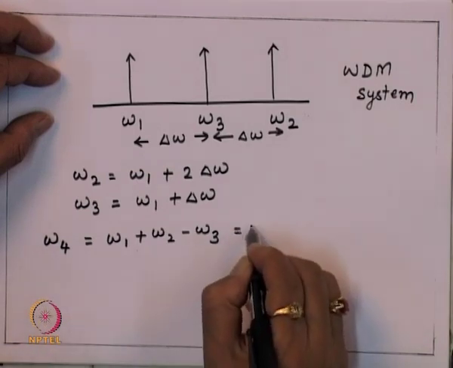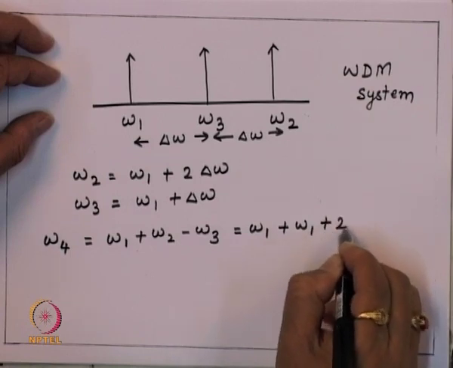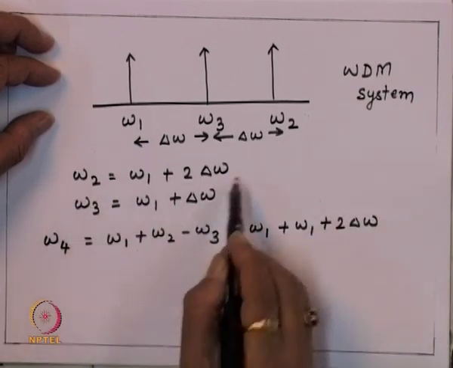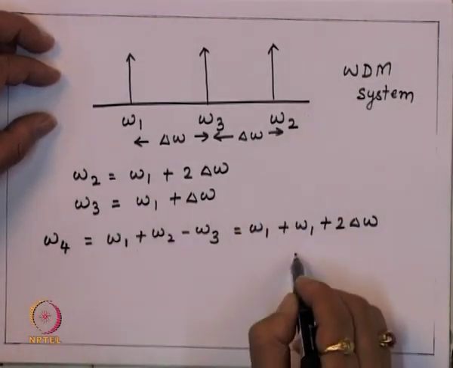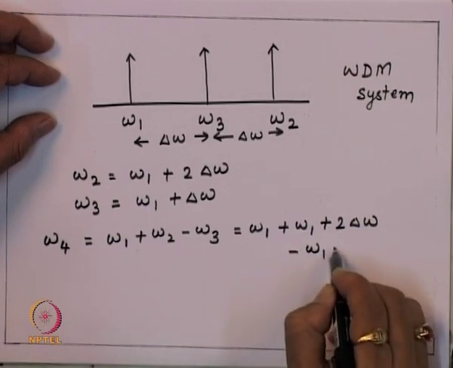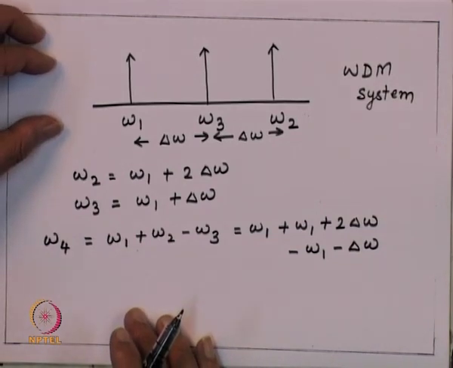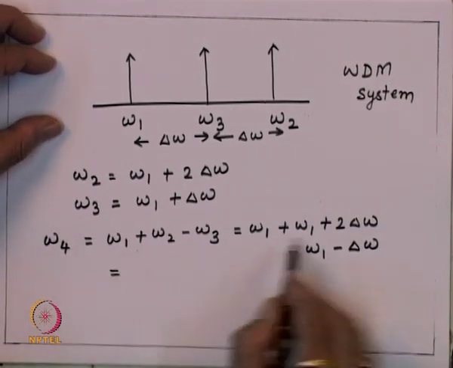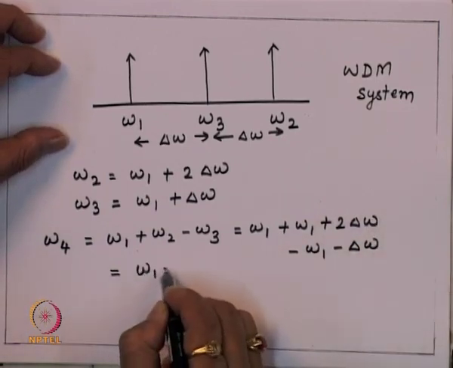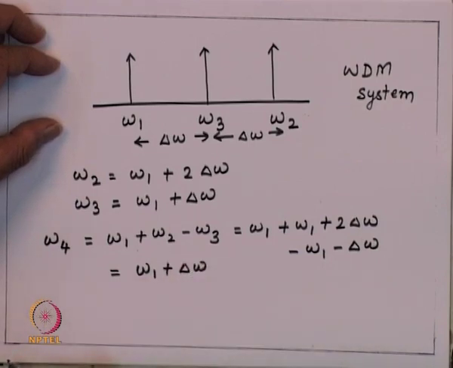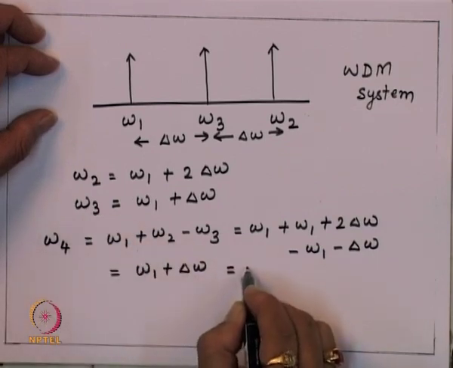That will be equal to omega 1 plus omega 1 plus 2 times delta omega minus omega 3, which is minus omega 1 minus delta omega. So, omega 1 will cancel, and one delta omega will cancel. So, this is omega 1 plus delta omega, which is the same as omega 3.